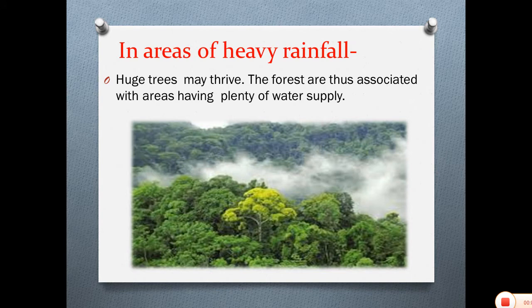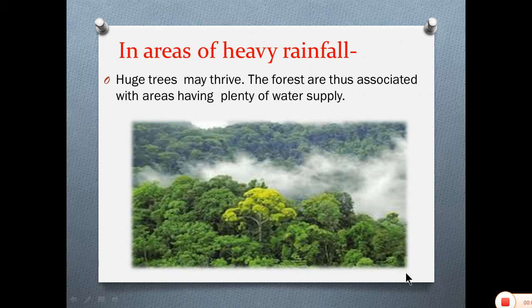Now, in areas of heavy rainfall, what we have seen earlier was moisture and temperature. If you look at the globe, you will find that this factor is maximum towards the equator. In the equator, the rainfall is very heavy and the temperature is very high.